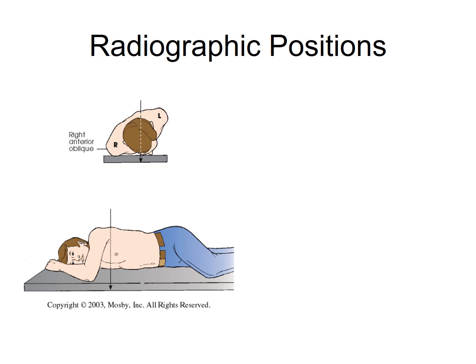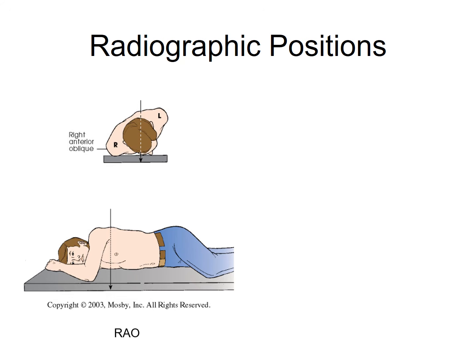Now, as far as the body position is concerned, take a look at which side is closest to the table. In this case, the right side is closest to the table. Is the front or the back of the body closest to the table? The front of the body, the anterior surface.